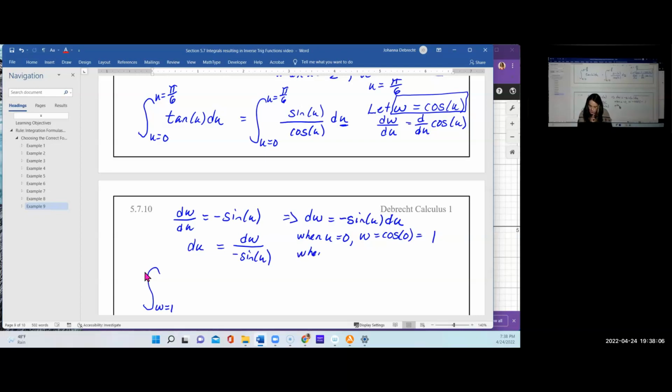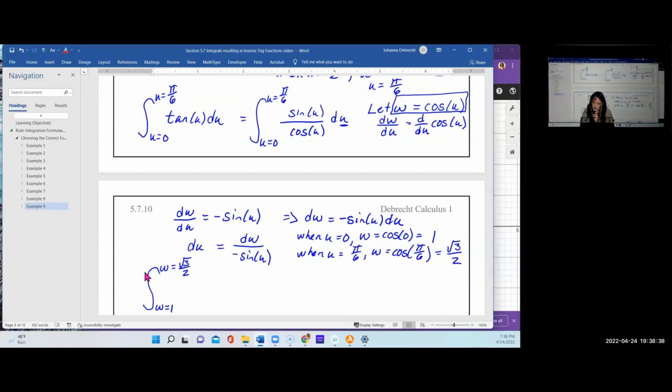When u is equal to pi over 6, then omega, which is the cosine of u, becomes the cosine of pi over 6. The cosine of pi over 6, remember, is square root of 3 divided by 2. It is the long side of that long, short triangle. This gives me omega equal the square root of 3 over 2.